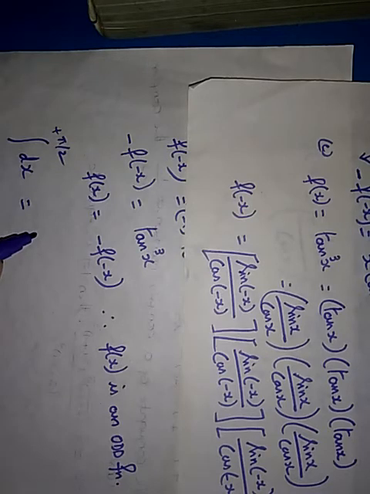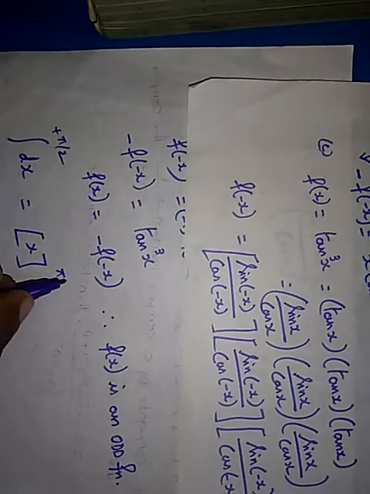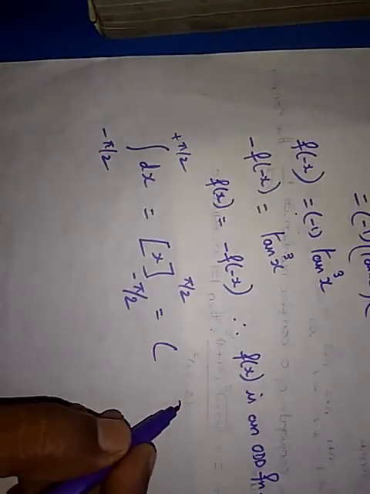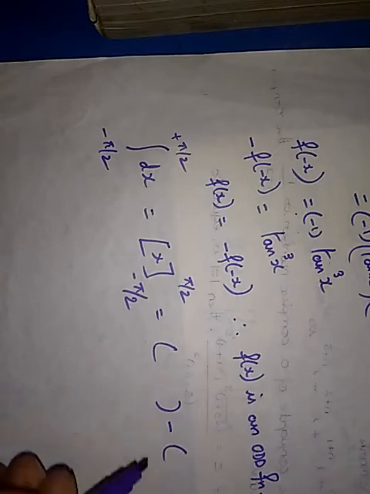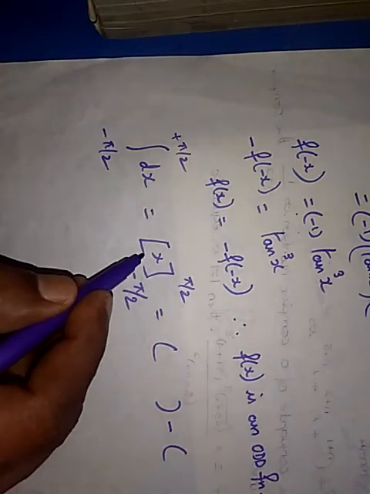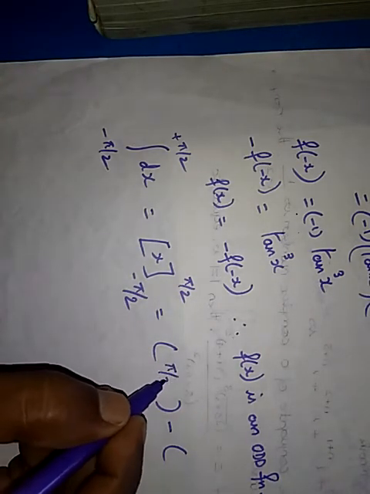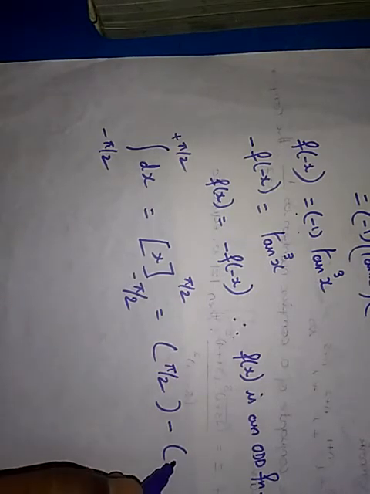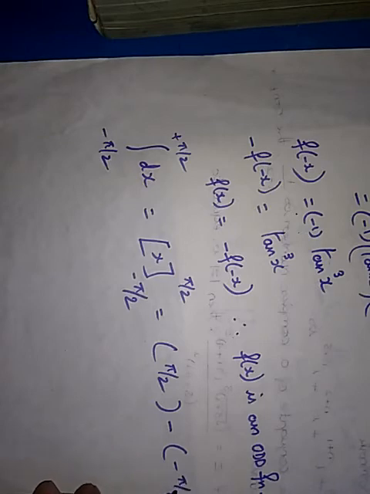Now integral dx is nothing but x. We have upper limit plus pi by 2 and lower limit minus pi by 2. Now we know upper limit minus lower limit. So you substitute pi by 2 for x as the upper limit, and minus pi by 2 for the lower limit.